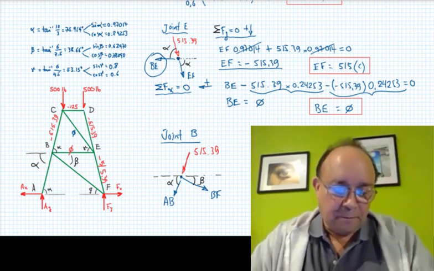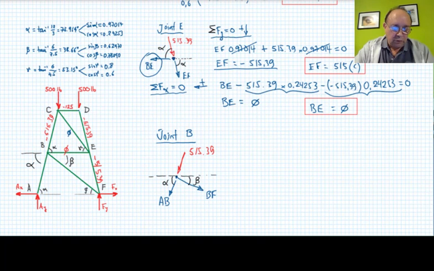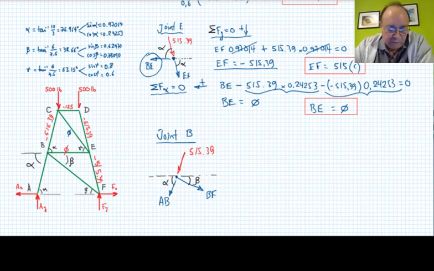Okay, no more forces, so we can set up our summations. Here I have both unknowns with components in the x and in the y direction, so there is nothing to do. I have to do a system of two equations with two unknowns.